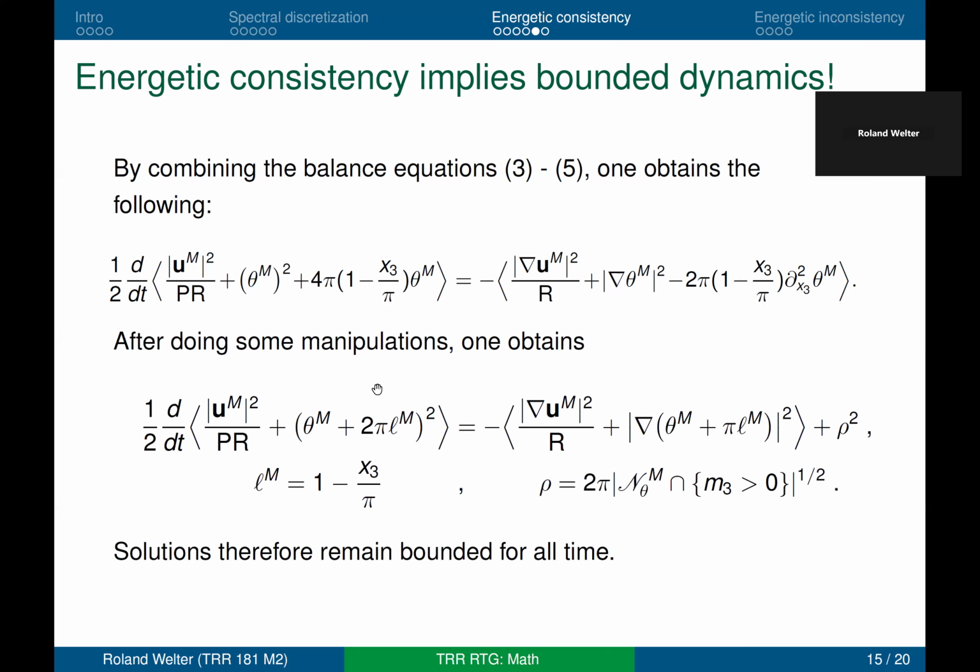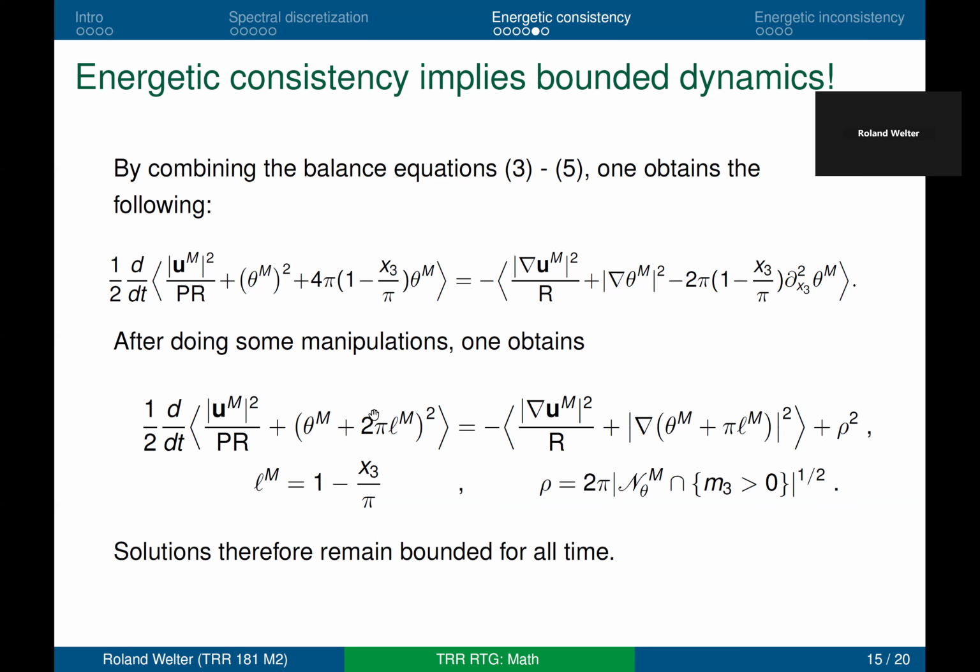And what we have here on the left-hand side is the time derivative of a norm of the variables u and theta. And on the right-hand side, you have a norm for u and theta as well, which is negative, plus some positive constant rho.